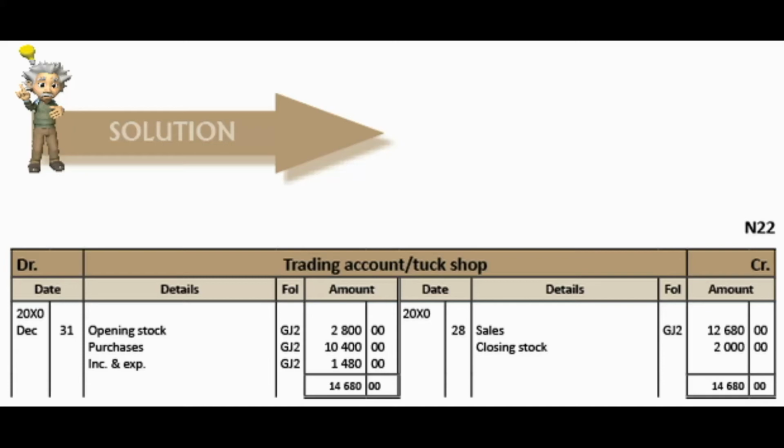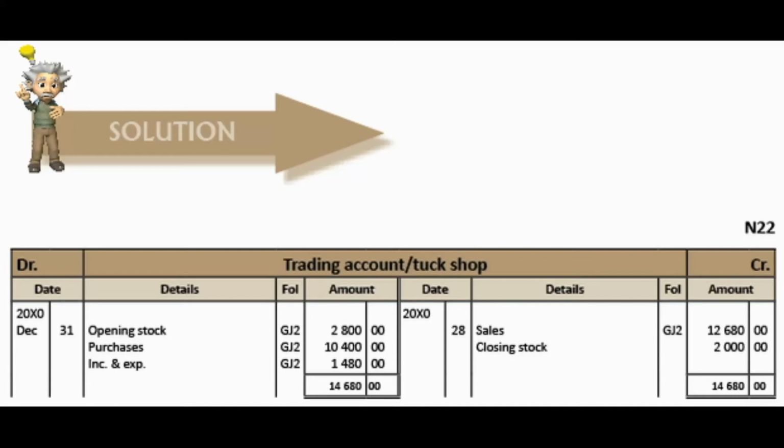You take your sales, you write it on the credit side of that account. The sales was 12,680. And then the closing stock, you enter on the credit side, and the opening stock on the debit side. The closing stock was adjustment number 3, where it says the stock on hand in the tuck shop 2,000. So the closing stock is 2,000.